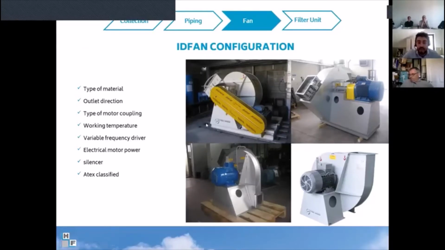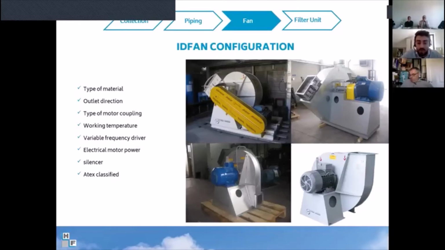The outlet direction: as we can see in this picture, we have some ventilators with the outlet direction vertical or inclined by 45 degrees or by 0 degrees and so on. This depends on the design of the plant.